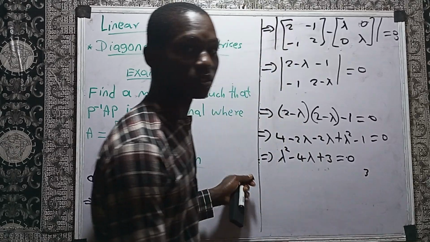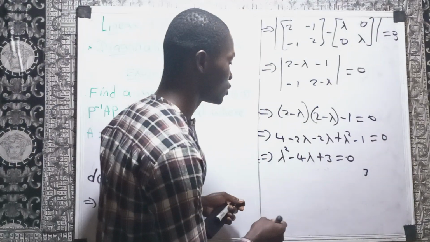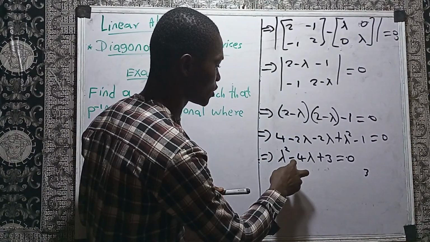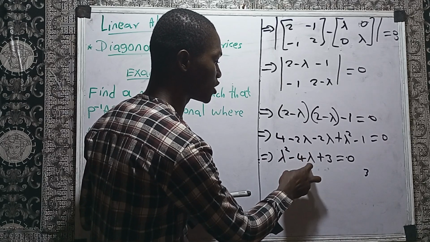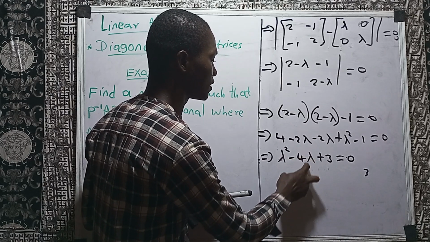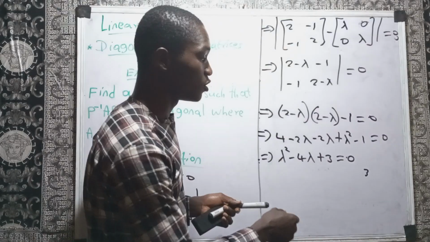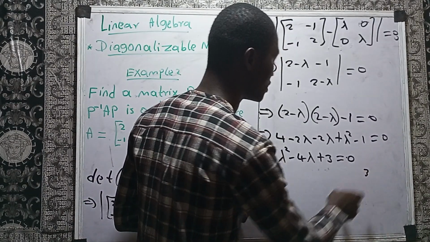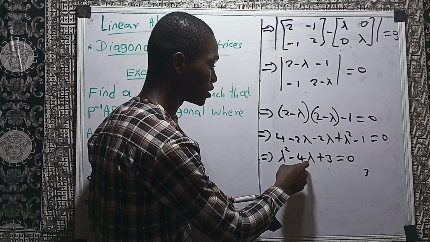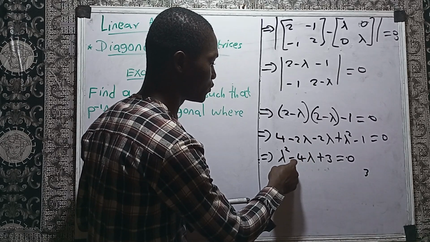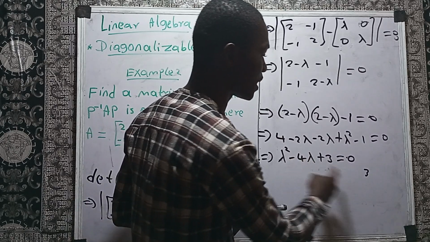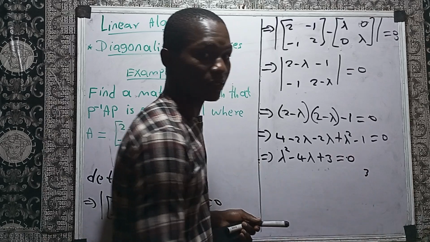So we look for 2 factors of this 3 such that their sum will give you the coefficient of lambda in the middle. The coefficient of lambda in the middle is negative 4. So we need 2 factors of 3 such that their sum will give you negative 4, and their product will give you 3.